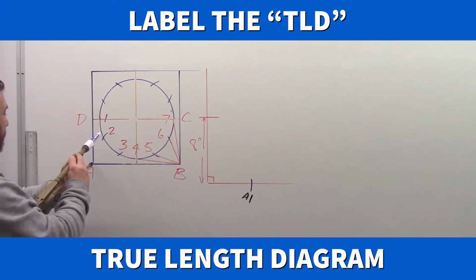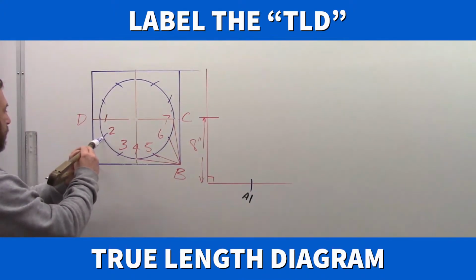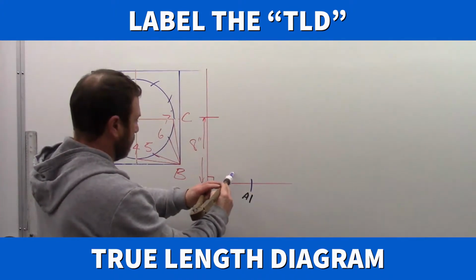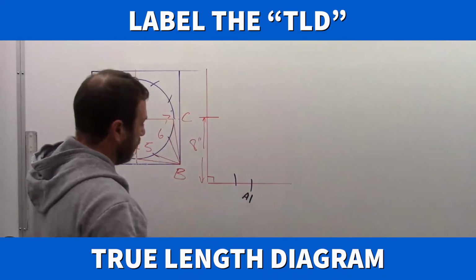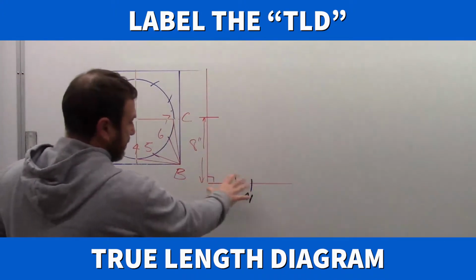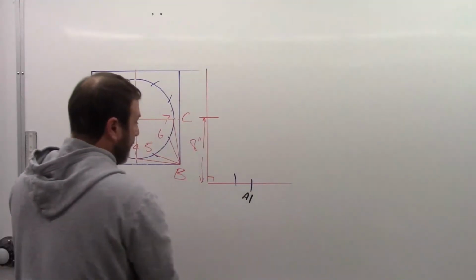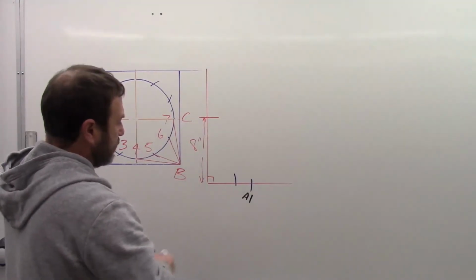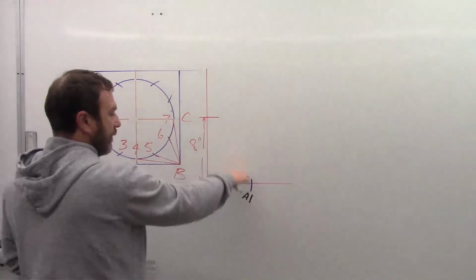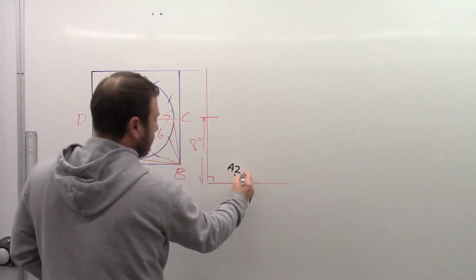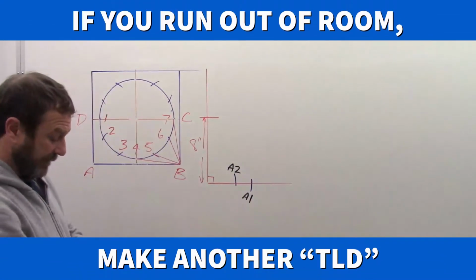I'm going to take A2 and transfer it in. You'll also find that this gets fairly congested. There's potentially a lot of lines that are going to end up in there. Rotate between the bottom and top of the line, and you can swing that line wherever you need to label it.